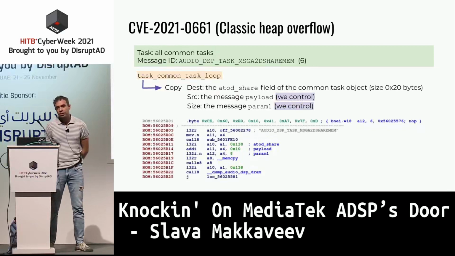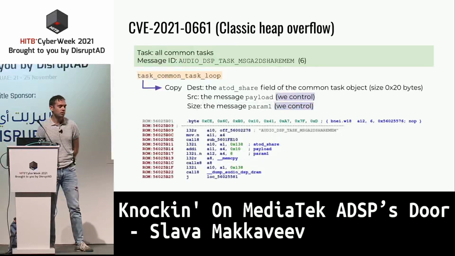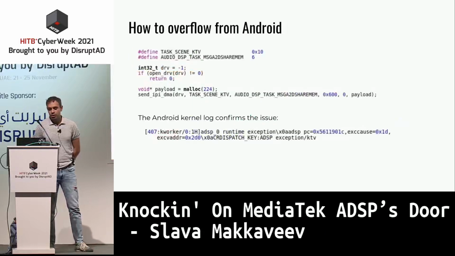The check that param1 is not greater than the size of the A2G share field is omitted, and hence the message payload overflows the heap after the A2G share field when the size of the payload is greater than 20 bytes.